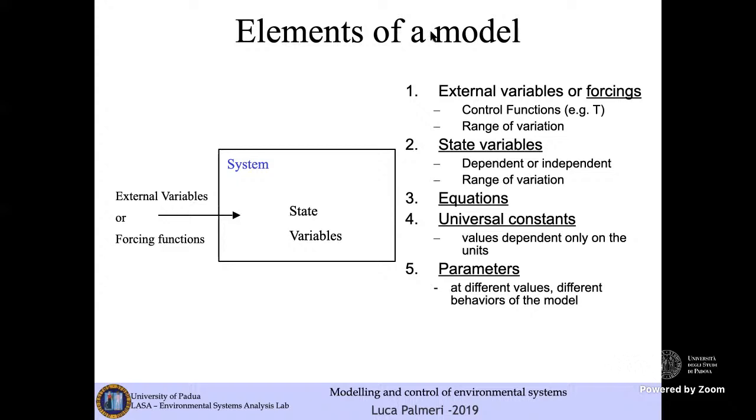A clear example, or a very important example, of these external variables or forcing functions is, for example, the temperature. Temperature is typically one of these variables that describe the external environment and have a dramatic effect on the behavior of the model describing the system.